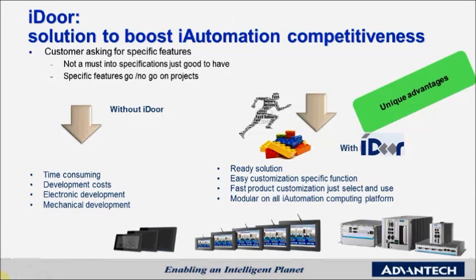So here we go. As you can see from below, these are all the products featuring iDoor: multi-touch widescreen panel PCs, 4x3 panel PCs, or embedded PCs. It is a wide portfolio offering, always with the same iDoor technology.